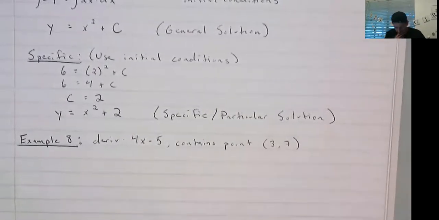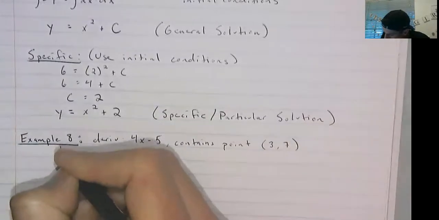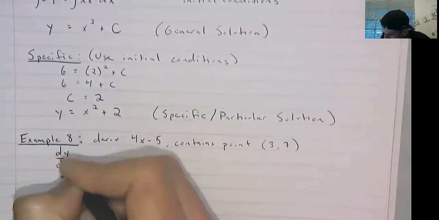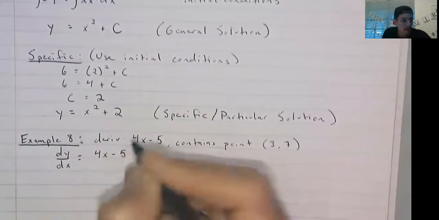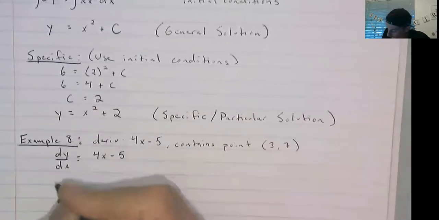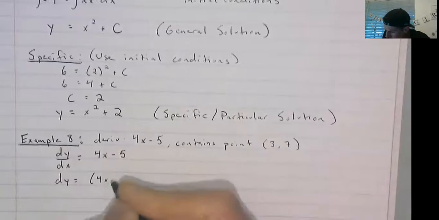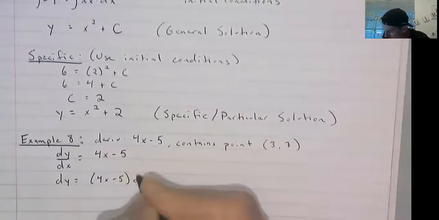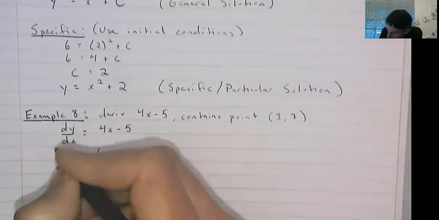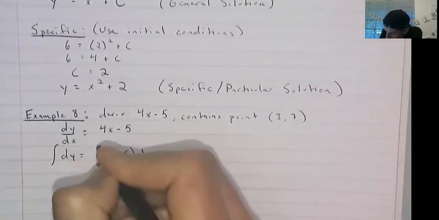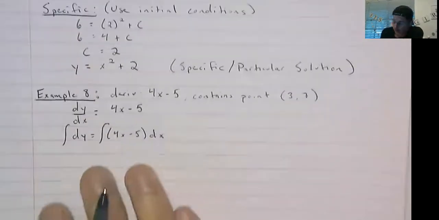So very similar to our illustration 6, the derivative means that dy dx is equal to 4x minus 5. Separating this out, we get that dy is equal to 4x minus 5 times dx. Applying the antiderivative, the integral, to both sides, that antiderivative becomes y.